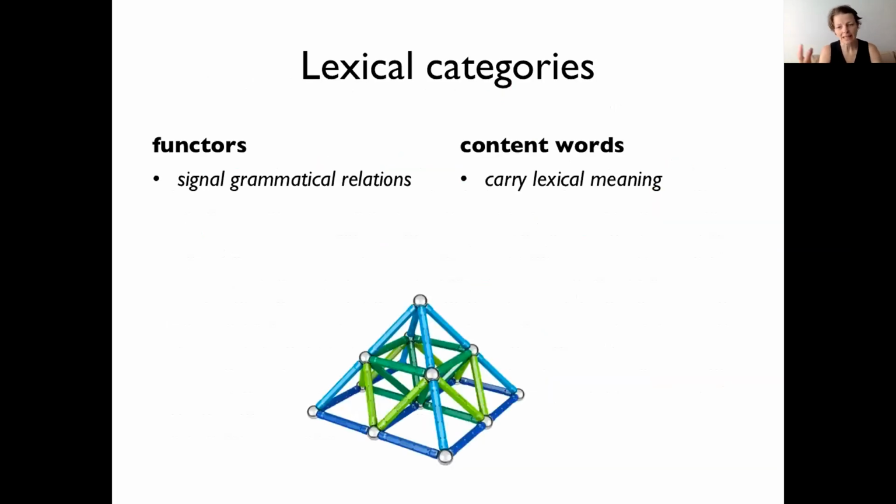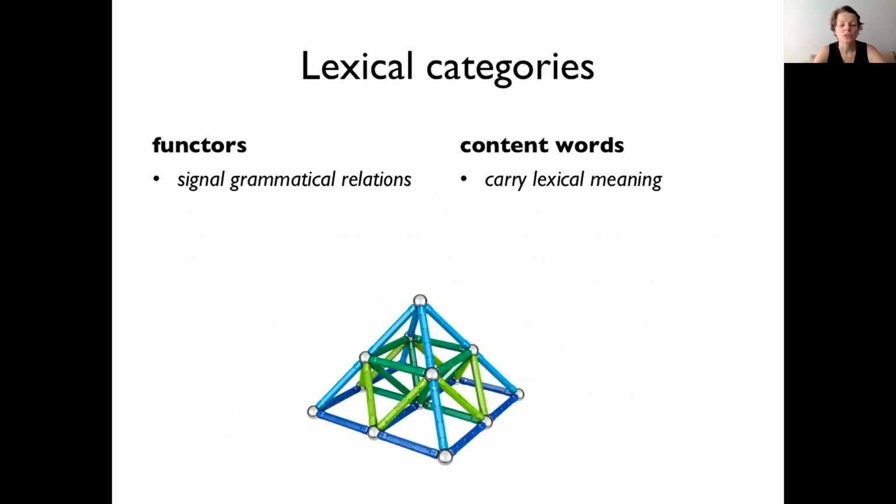Since we are among linguists here, this doesn't really need much of an introduction or argument. In the world's languages, universally, there is a distinction between two basic lexical categories, functors on the one hand and content words on the other.